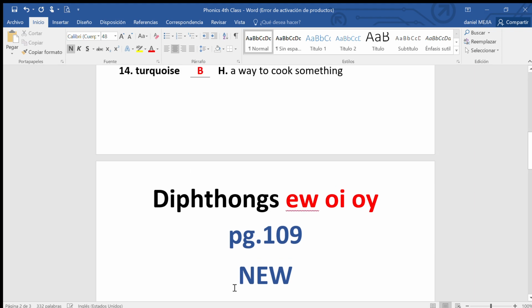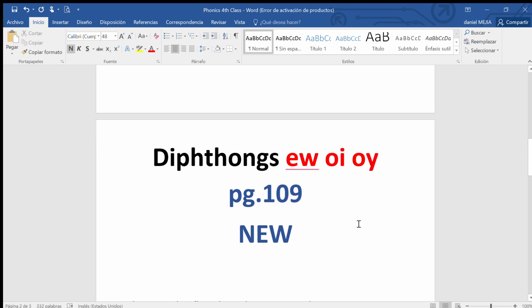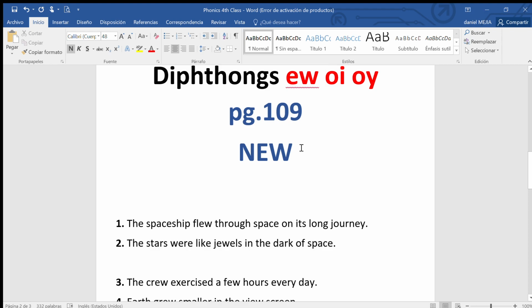New, this, new. Remember OI and OY, it sounds like boy, oi. So we are going to continue with the activities on page 109.